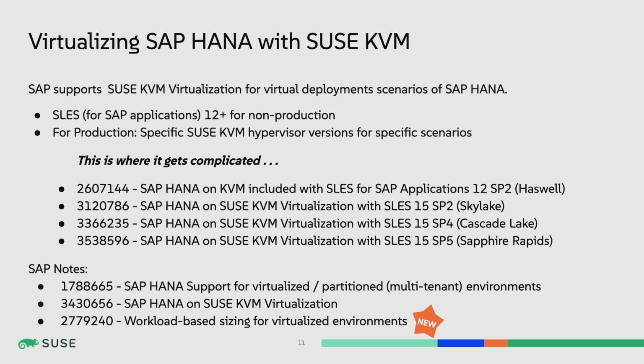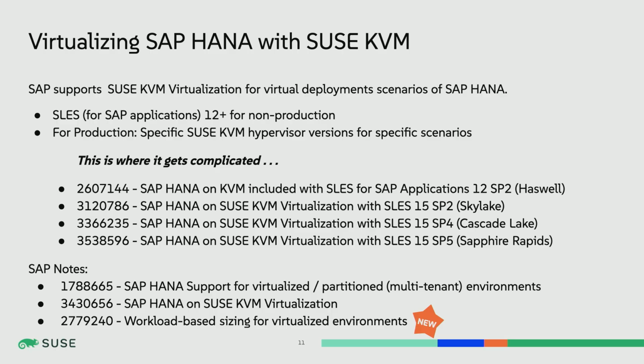So having said that, SAP also supports SUSE KVM virtualization for SAP HANA, starting with SLES for SAP applications or plain SLES 12 for non-production workloads. So that's a no-brainer as well. For production, it gets really complicated.